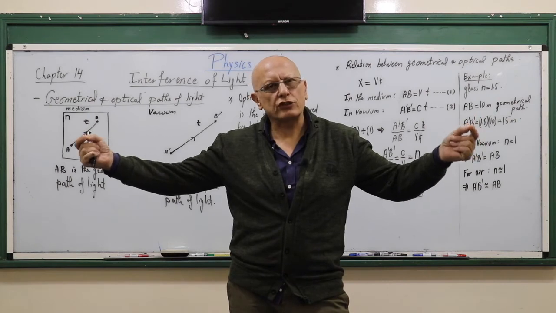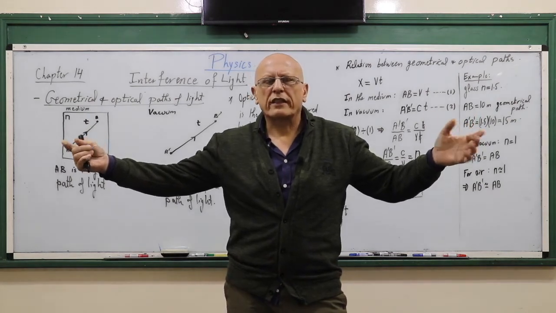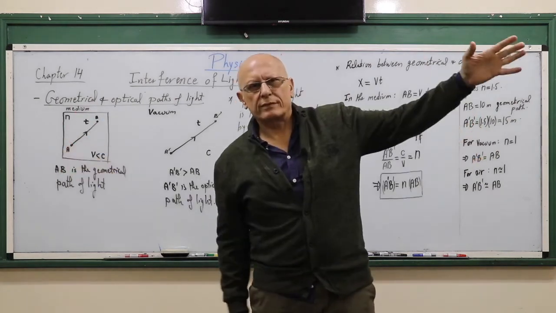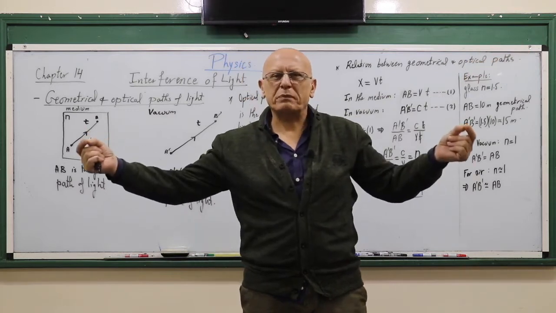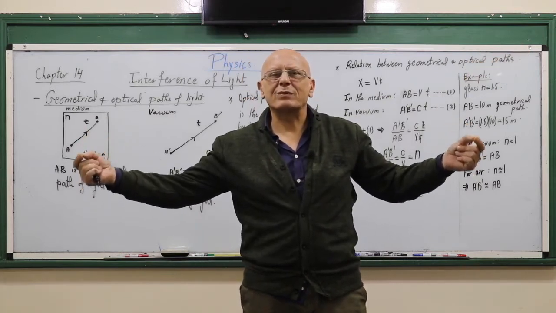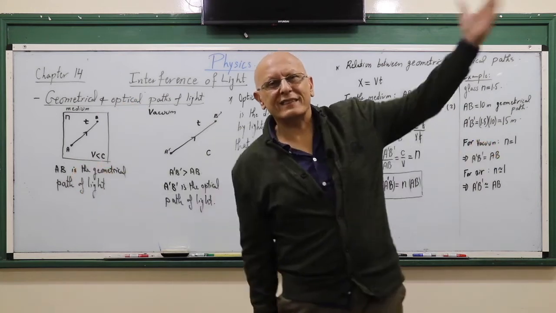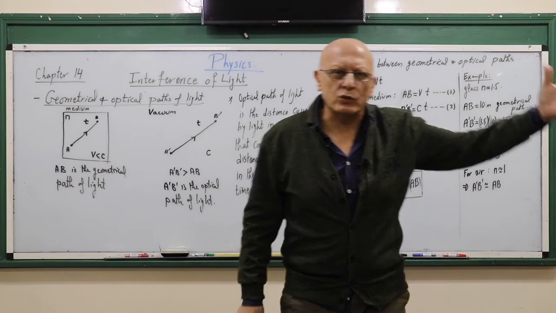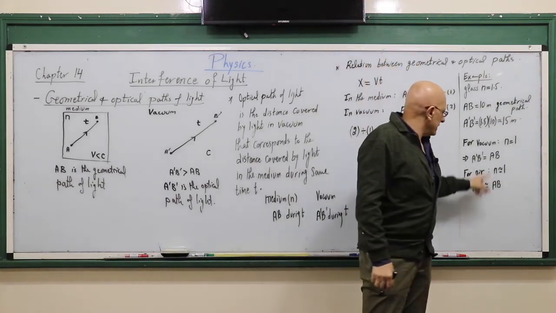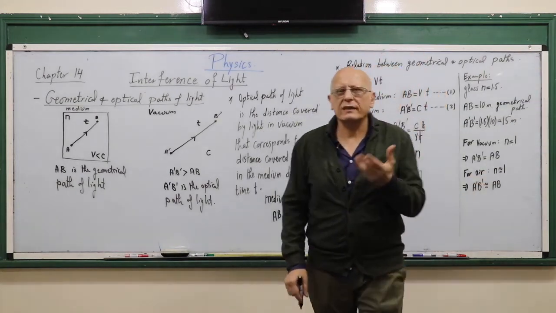I should change this air to vacuum. But I am going to replace the distance covered by light in air with the distance covered by light in vacuum. So I replace N1, I get approximately the same distance.